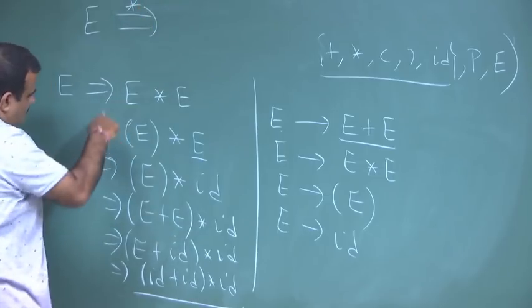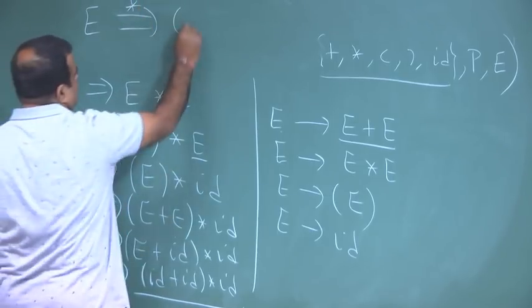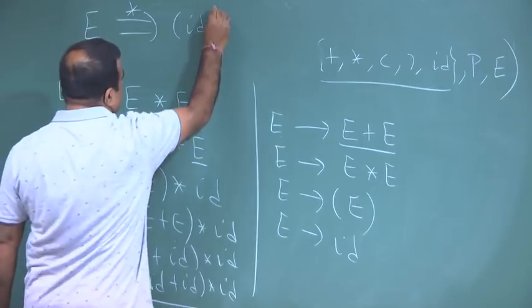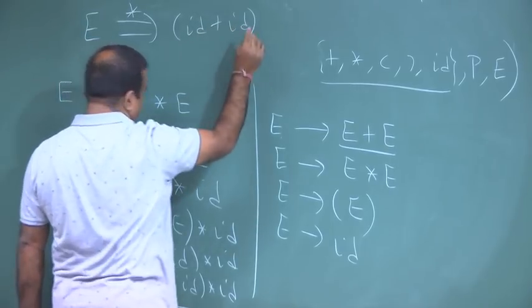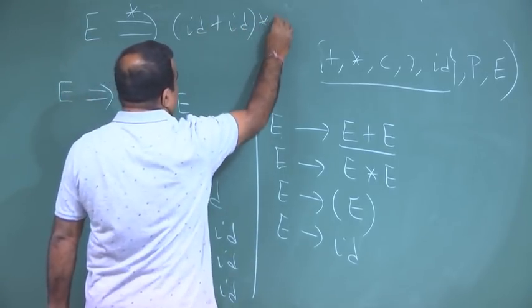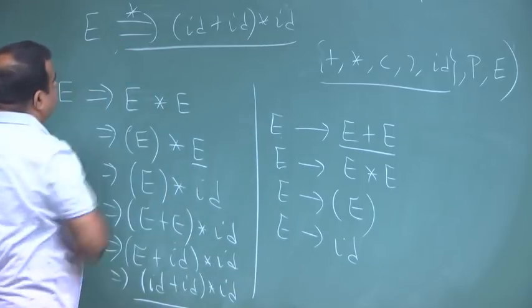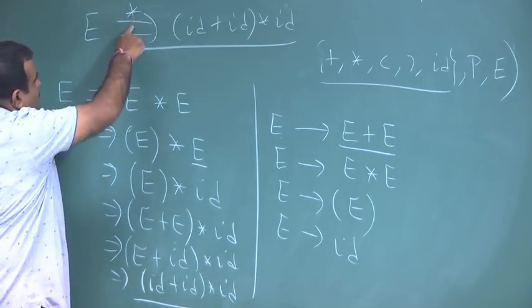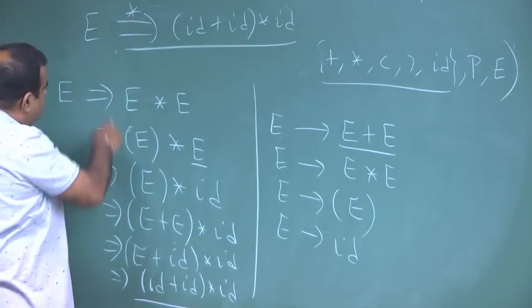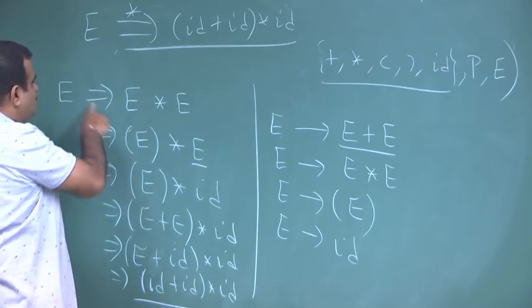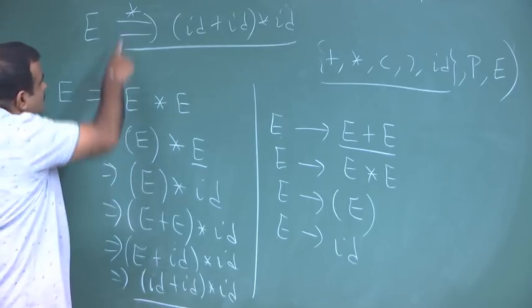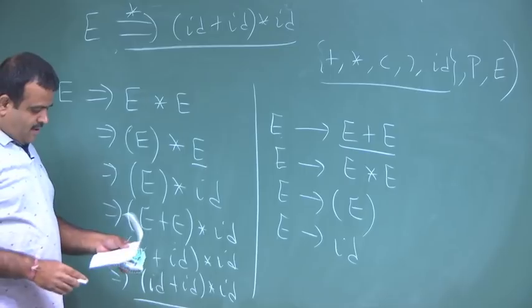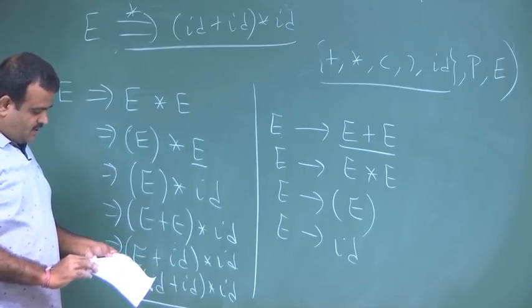with the star, multiple derivation steps we are reaching here, id plus id bracket star id. This star means we are applying multiple steps; if it is one direct derivation, then we just use the derivation symbol, otherwise it is star.